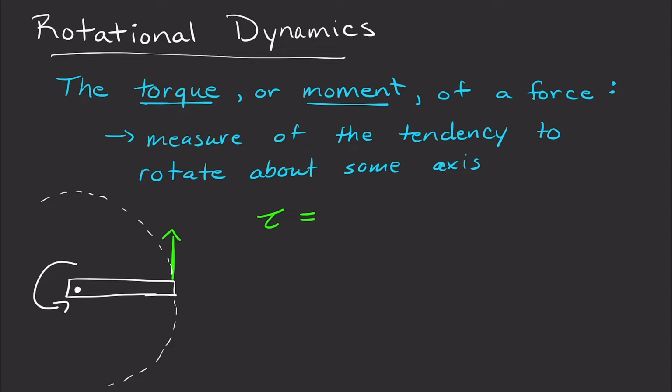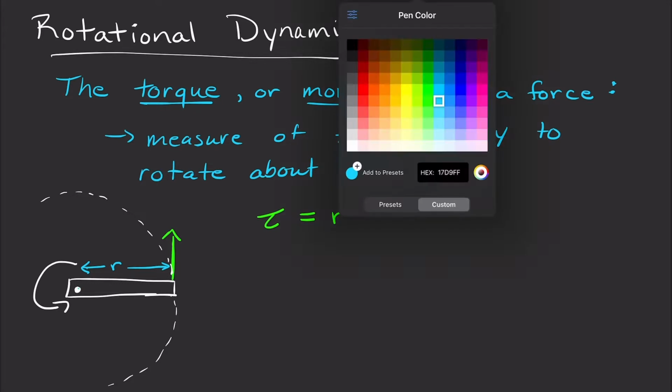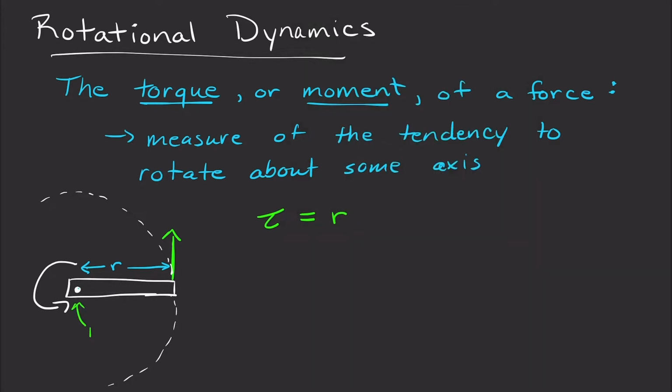And the torque is equal to this distance r, which is the distance between the axis of rotation, or this pivot point, and the force. Okay, this is our pivot point here, or axis of rotation.